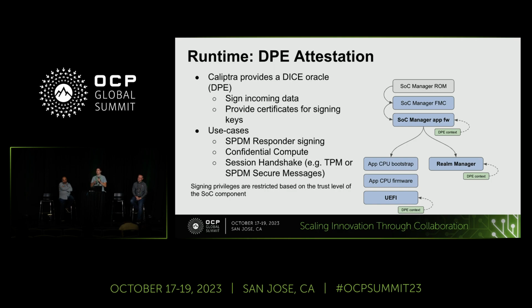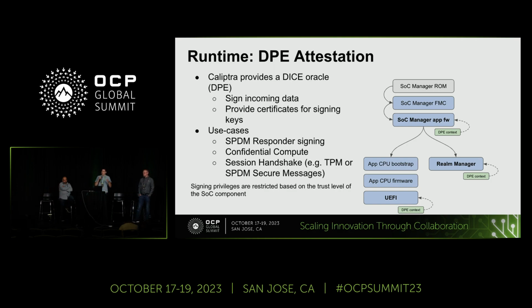So if you need to wield an identity for your confidential compute stack or for your SPDM responder, Calyptra holds on to all the keys for those. In a straightforward DICE architecture, you may pass key material up through layers so that they have access to it later. As we mentioned, we hold all of that in the key manager, and then Calyptra exposes APIs for using those keys, generating DICE layers, and getting certificates over those measurements.